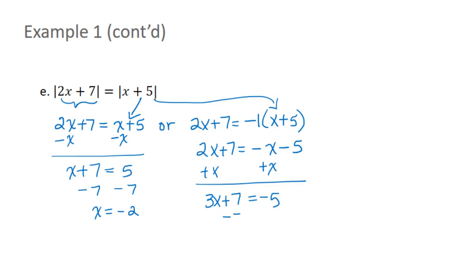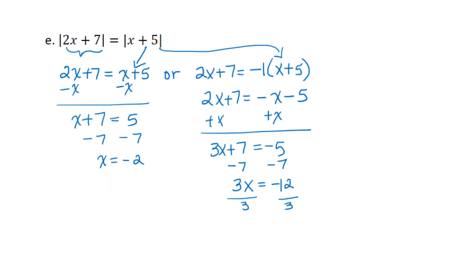And then I can subtract 7 from each side to get 3x equals negative 12. And then divide by 3. So x is negative 4. So my solution set is negative 4, comma, negative 2. And again, I can plug the values of x in to see that I get a true statement.